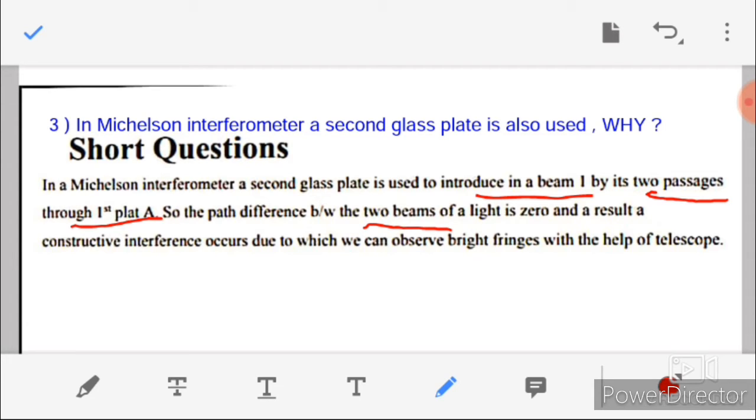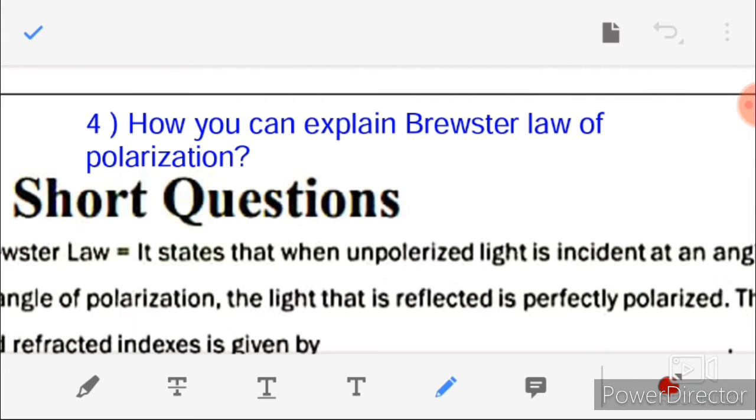As a result, constructive interference occurs, due to which we observe bright fringes with the help of a telescope.